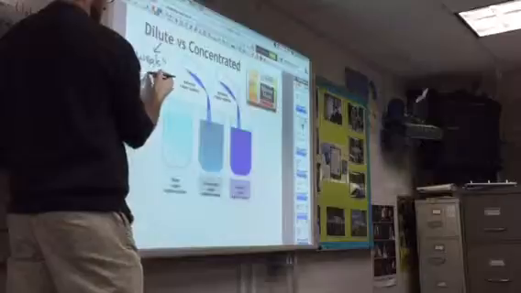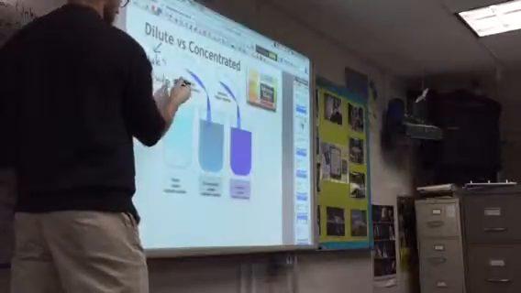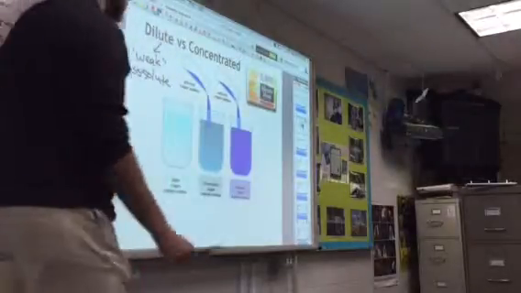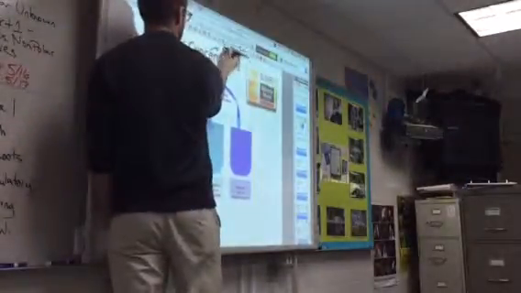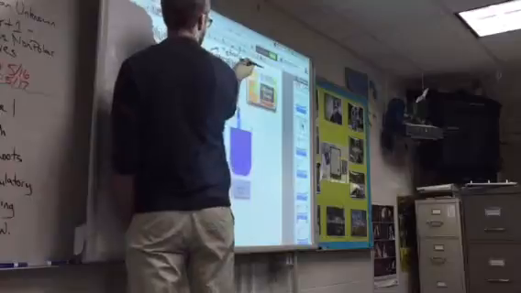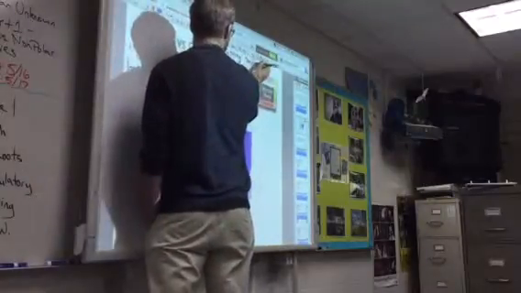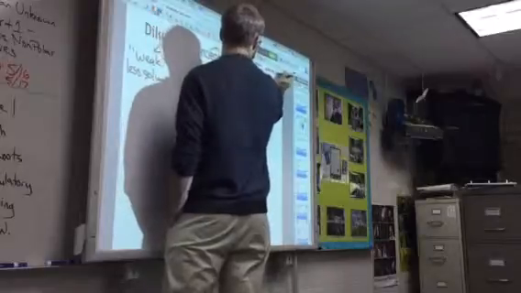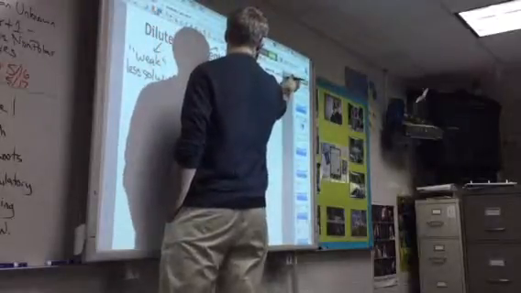It's got a lower amount of solute. Concentrated, that's going to be what we call a strong solution. It's got more solute. There's a lot more poured in there.